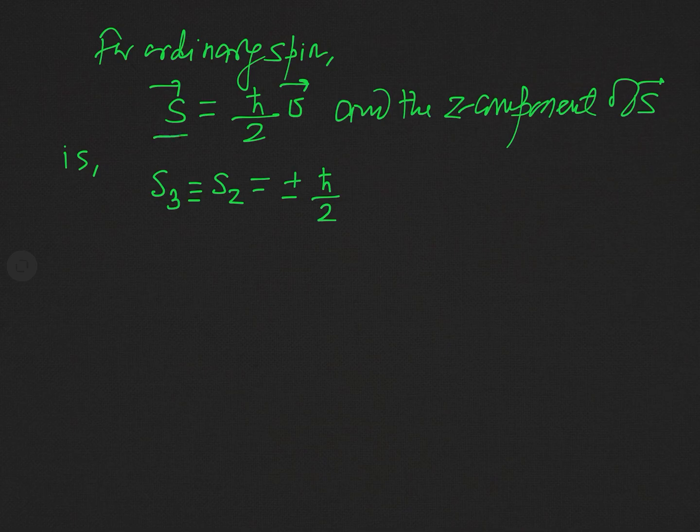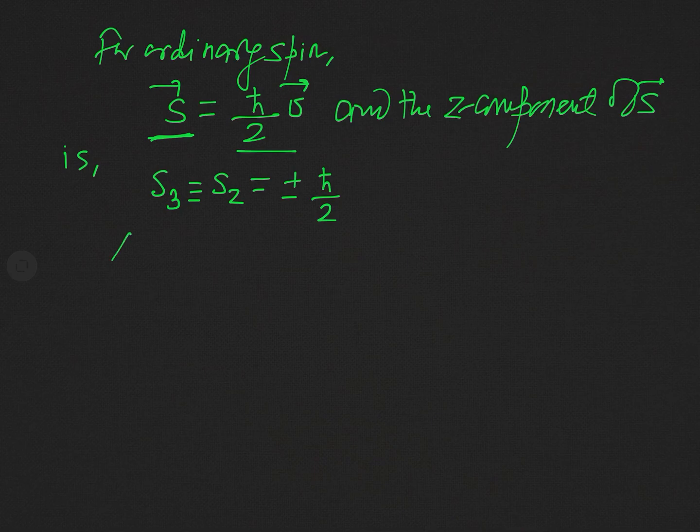Just like here we define a quantum particle like electron or proton or neutron by the spin vector, in a similar way in isospace we define the nucleon with a vector, or you may say a quantity, just analogous to the spin angular momentum. In this isospin space, we define the isospin of the nucleon. And how is it defined? This is defined on the line of the definition of ordinary spin.